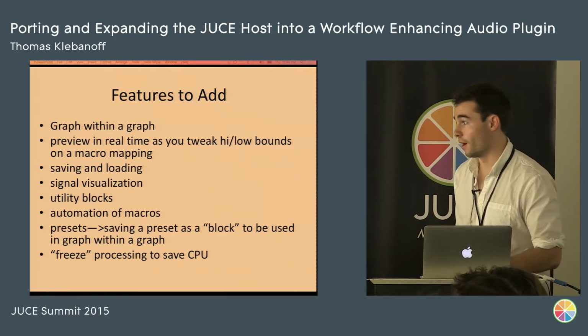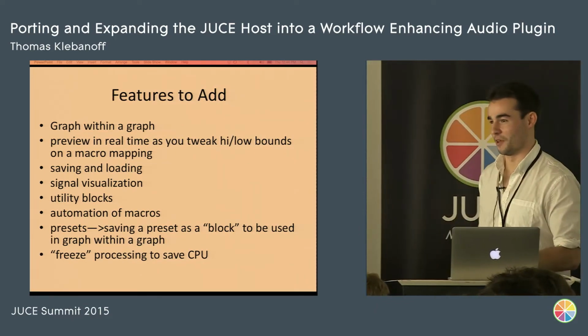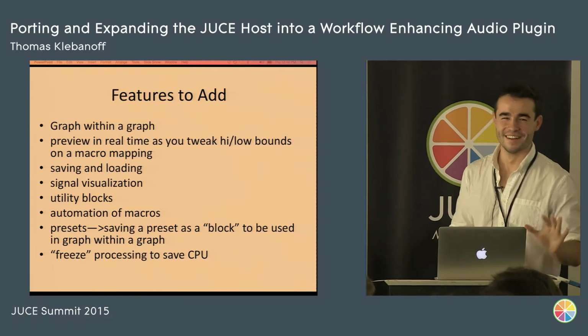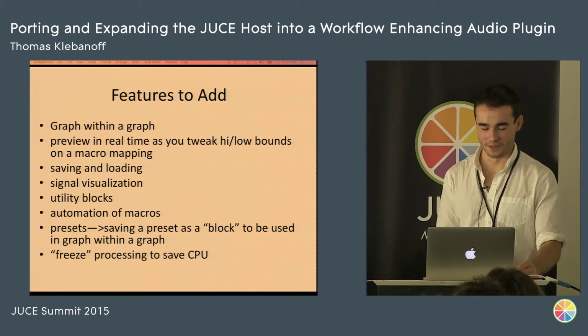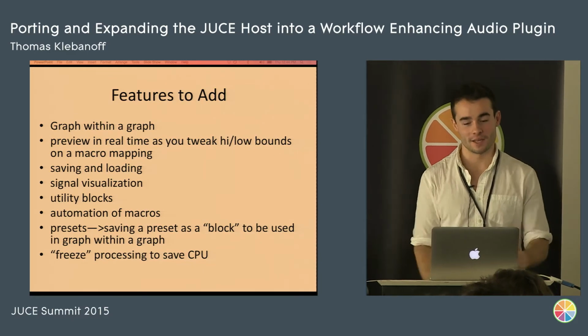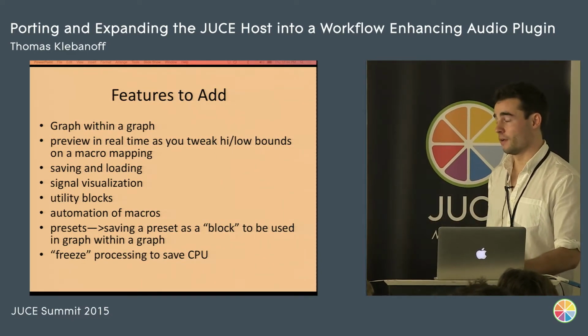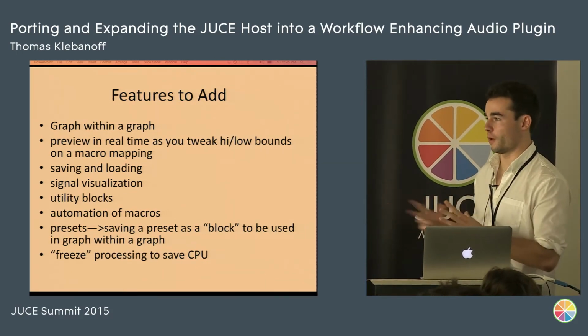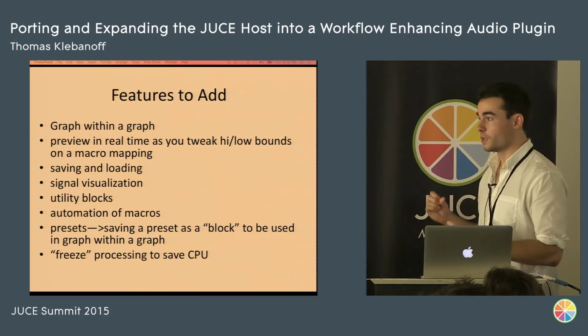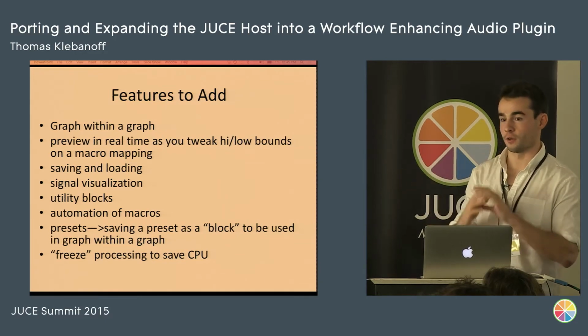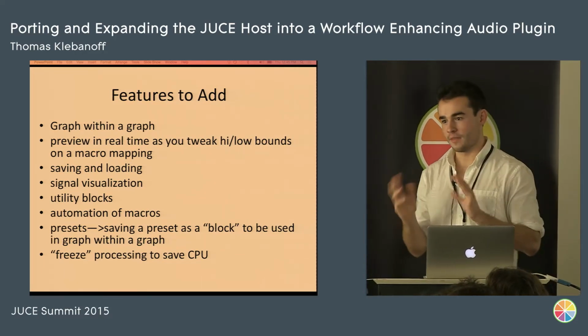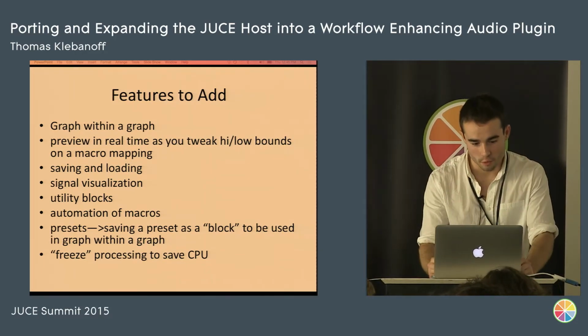Another thing: I haven't figured out how to make this save and load yet, but I will. I know that there are JUCE classes that help to do that, like XML. I had to get the macros right before I figured that out. I think one thing that would help with this plugin is some sort of signal visualization, so you can see volumes coming in and out of nodes, or frequency spectra in and out of nodes, and then adjust these things in a flexible way.